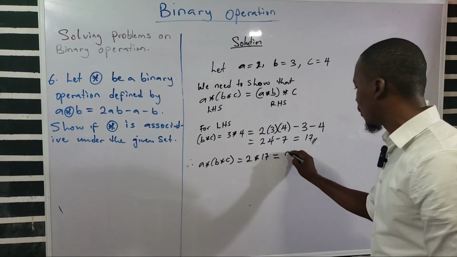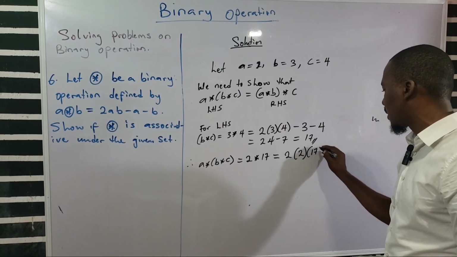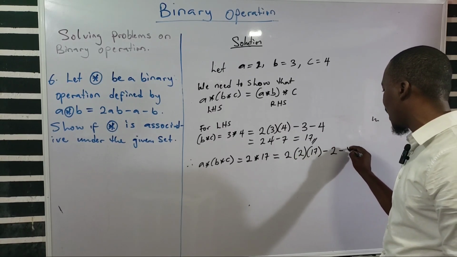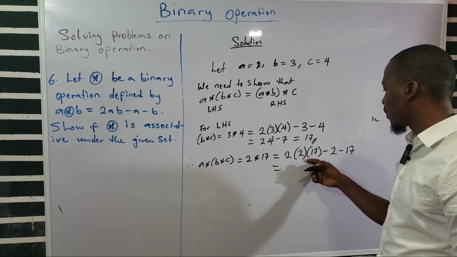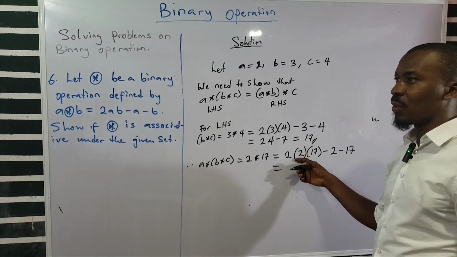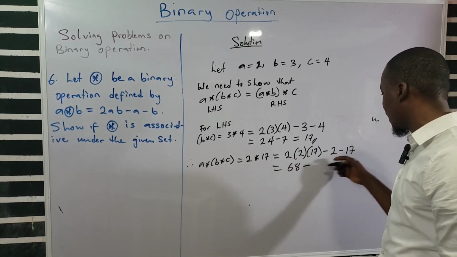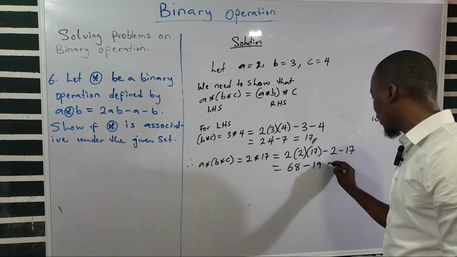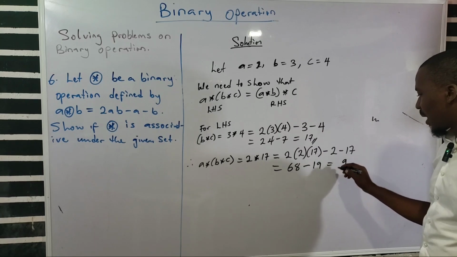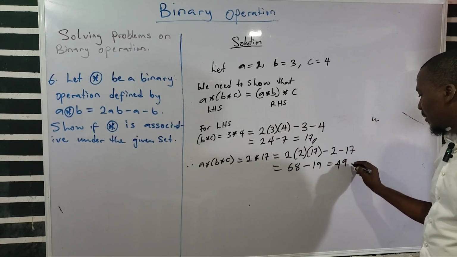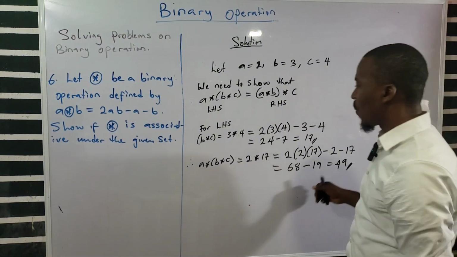So that will give you 2 into 2, that's the first term, into 17 minus 2 minus 17. That will give us 4 times 17, which is 68, minus 19. 68 minus 19 will give us 49. So the left-hand side we have 49.